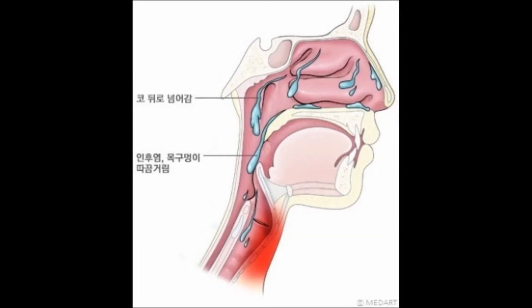The most common cause of chronic cough is PND syndrome. PND syndrome means that the mucus produced in the nose and sinus is coughed out naturally or intentionally, with a feeling of dripping high in the pharynx or continuing to the throat.